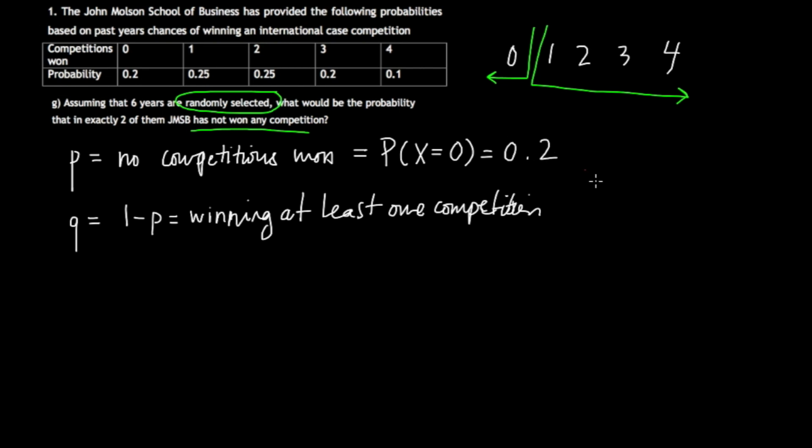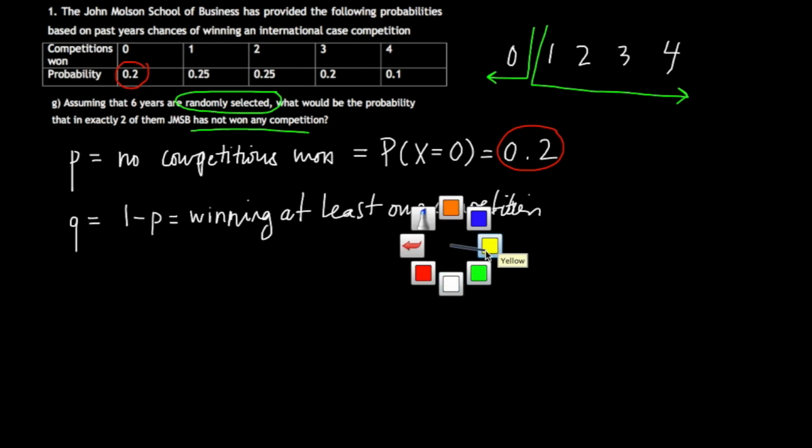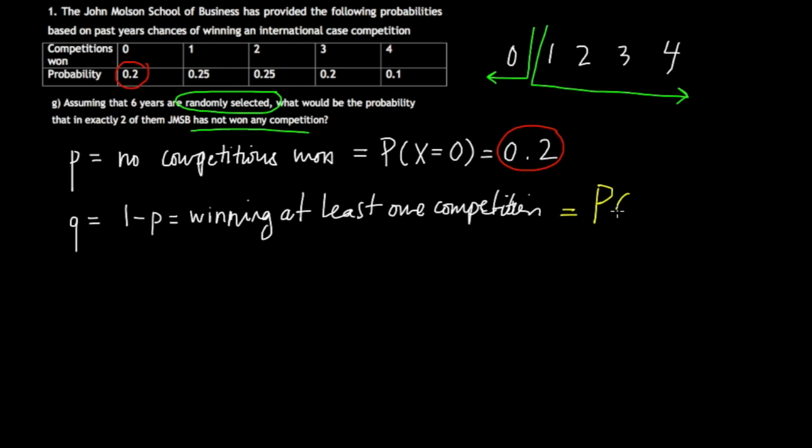Okay, so this right here, P of X equals 0, is this right here. And then our Q is the probability of X being greater than or equal to 1.